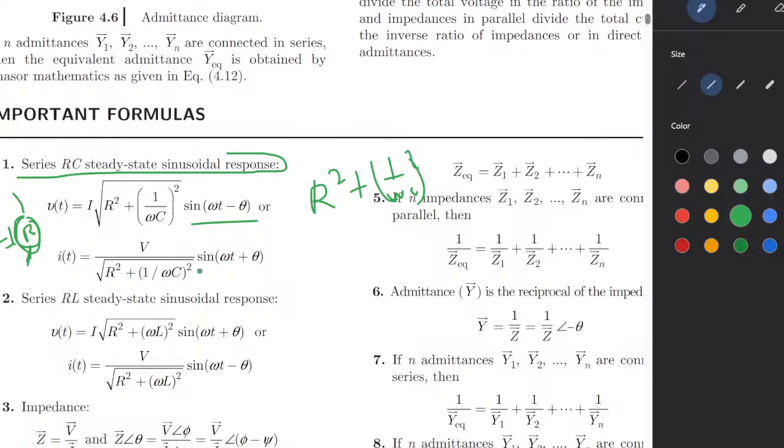When you have to write the I equation, V sin omega t is equal to this, and the equivalent for the RL circuit is simply omega L.